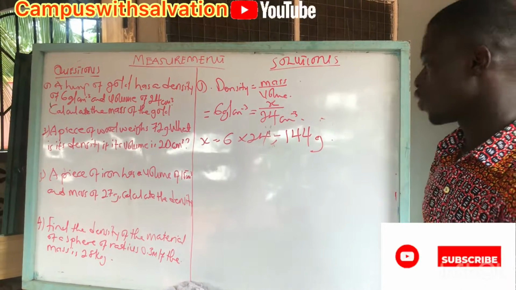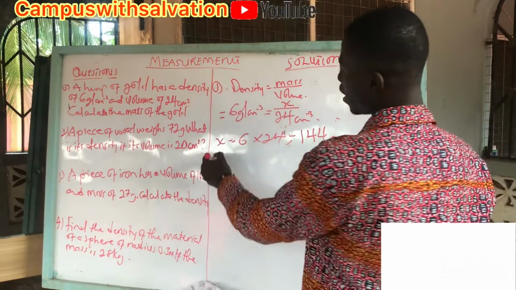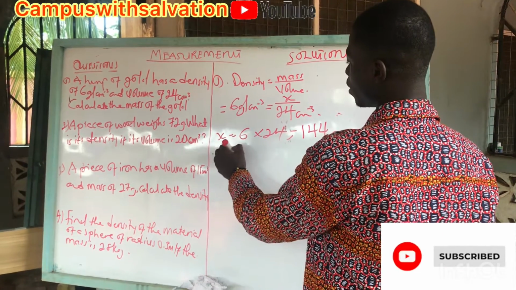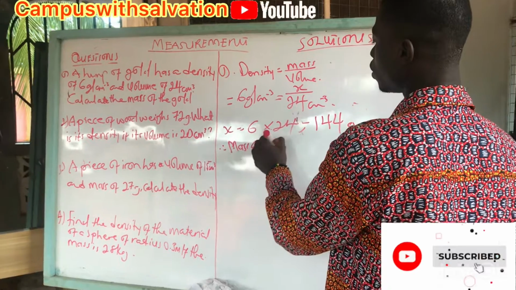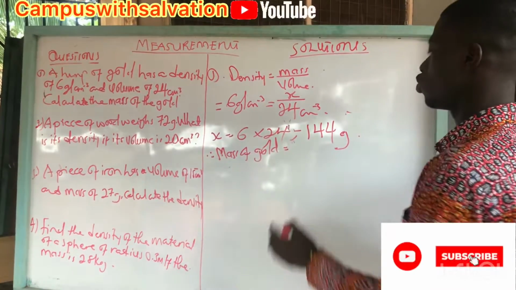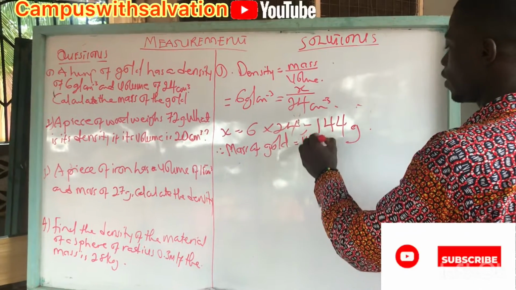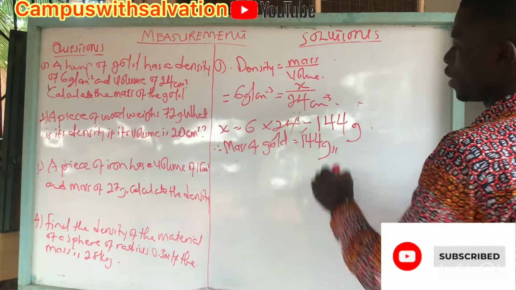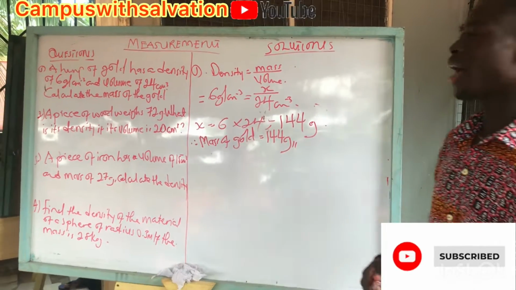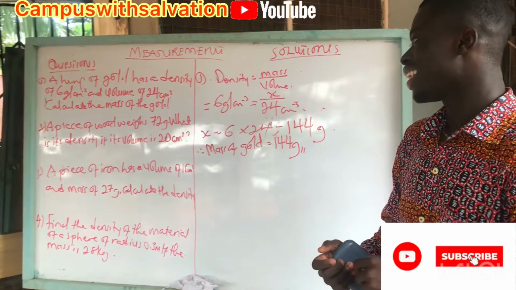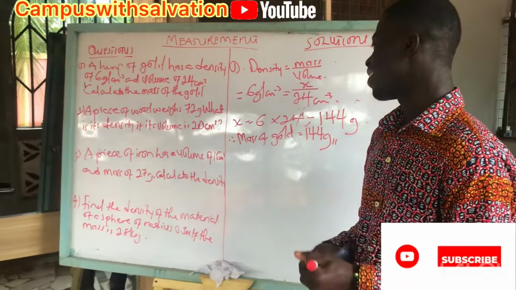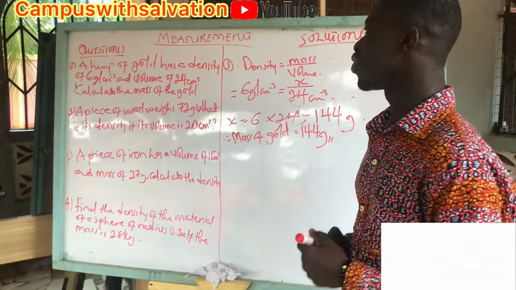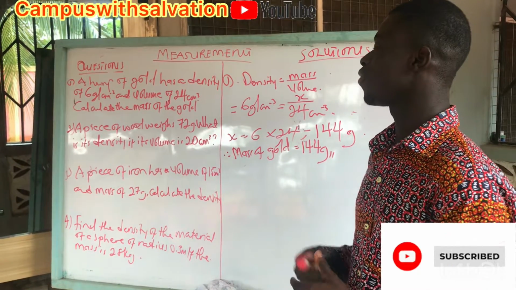We are done with the first question. So you just write, therefore, mass of gold is equal to 144 grams. This was a past question, and I think anyone who was able to solve it understands the concept of measurements.